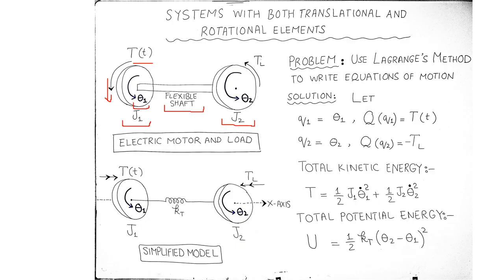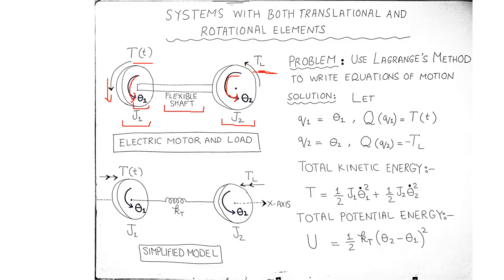As the rotor rotates in the anticlockwise direction, it imparts an anticlockwise rotation in the load as well. However, the load experiences an opposing torque, TL, often referred to as the disturbance torque.